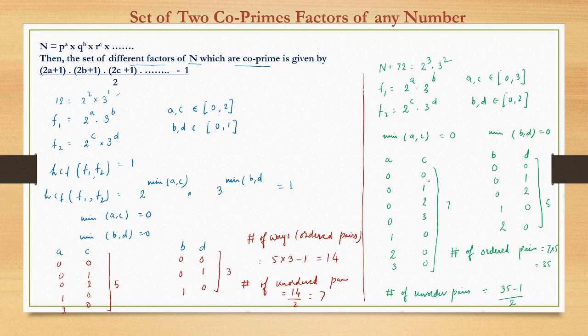Why minus 1? Because again same case, we are counting twice. 0 0 0 0 will come twice, which is the same. We are not differentiating between them. So now it will be 35 minus 1 by 2, which is 17, same as what we had got there.